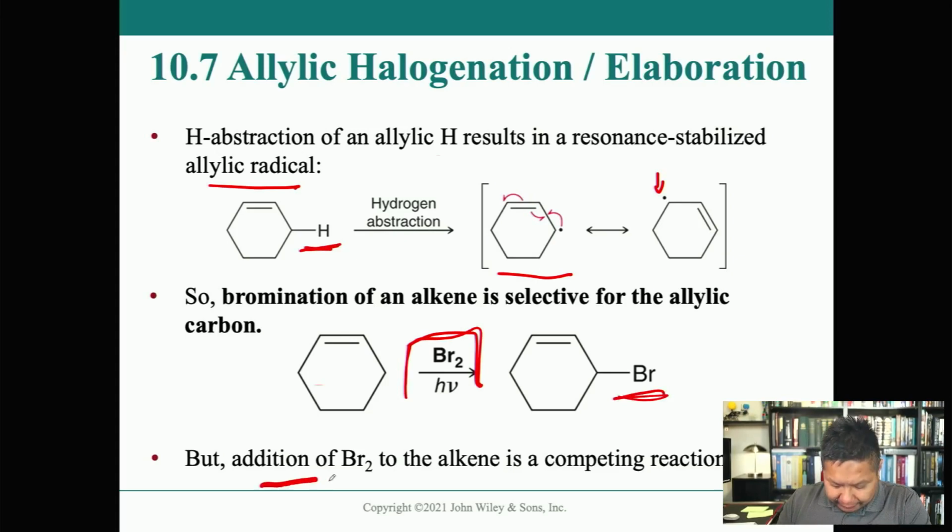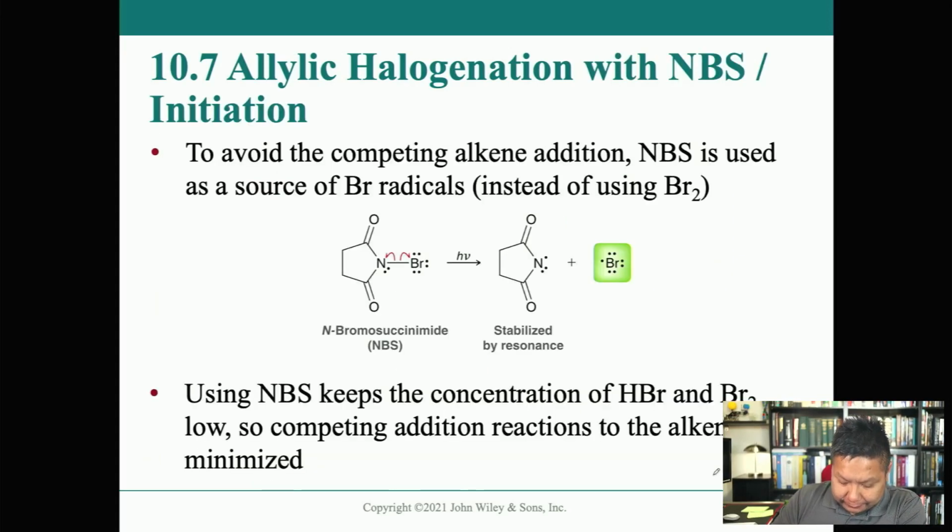But addition of bromine gas to an alkene is a competing reaction. Okay. Just a fact to note, right? So because of this, to avoid competing alkene additions, NBS can be used. NBS is N-bromosuccinimide, right? That's NBS.